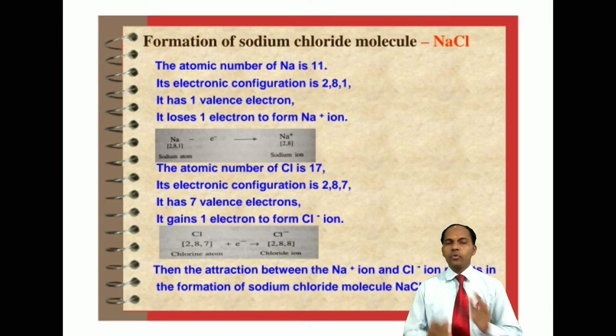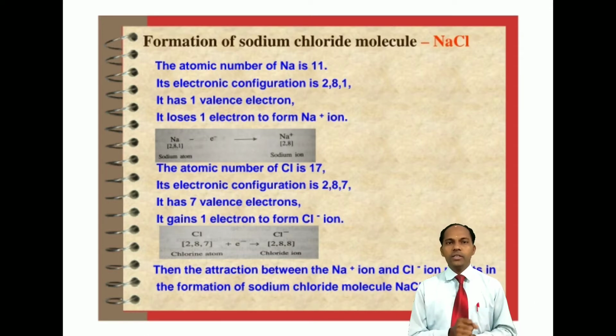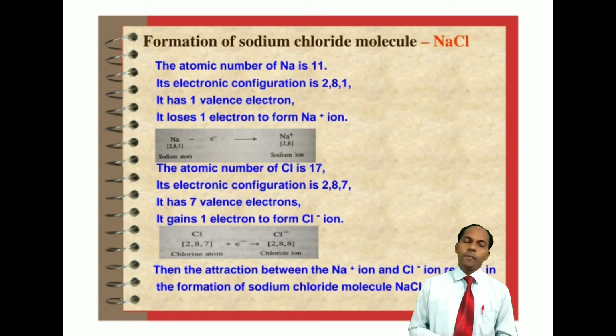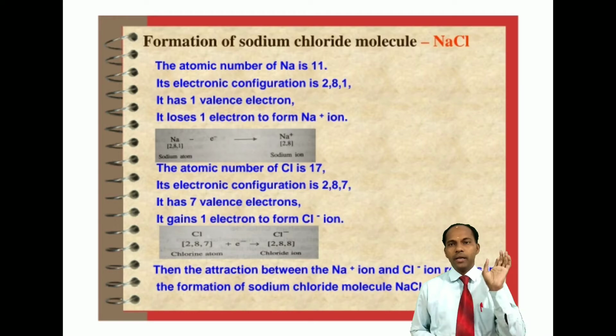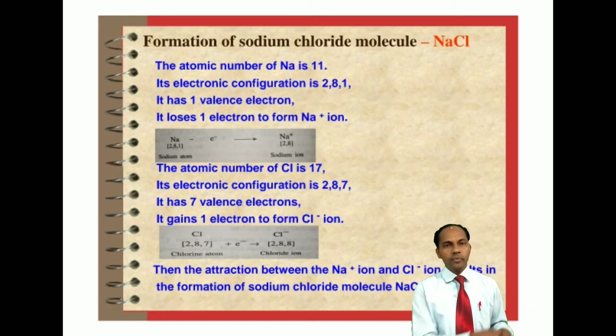Now think about chlorine. The atomic number of chlorine is 17. Its electronic configuration is 2, 8, 7. So it has 7 valence electrons. So it gains 1 electron to form the Cl- ion, and hence it acquires the electronic configuration of the nearest noble gas, argon.